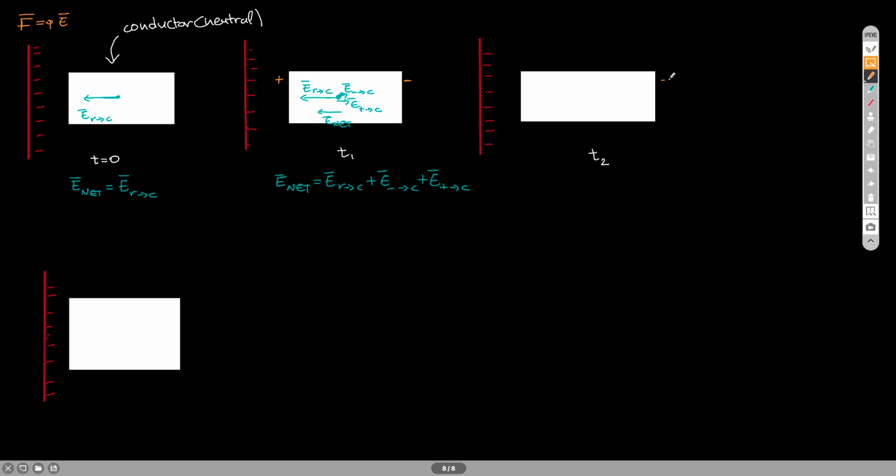Because they continue moving to the right, at T2 I will have more.